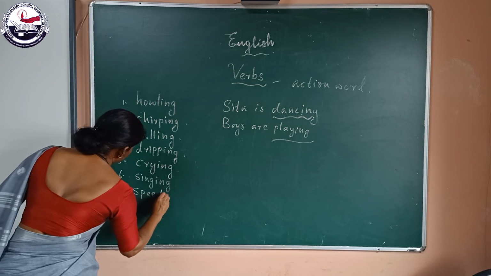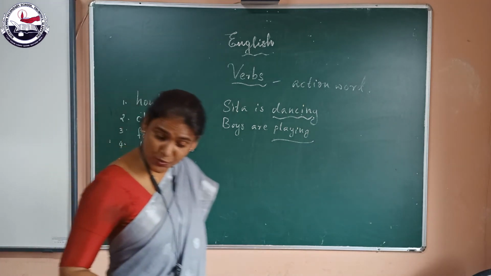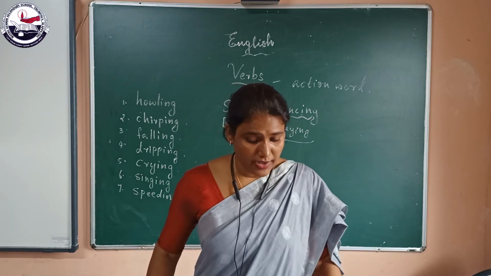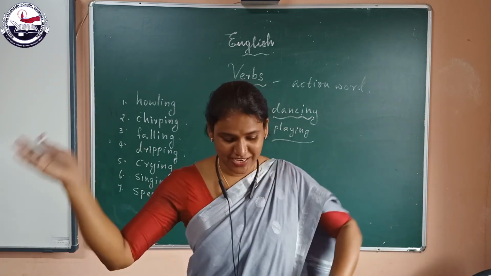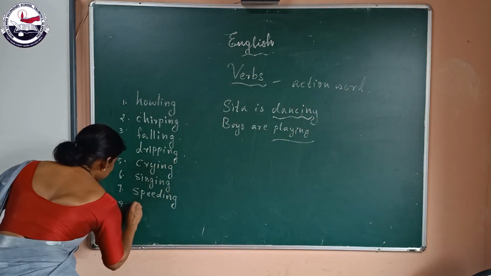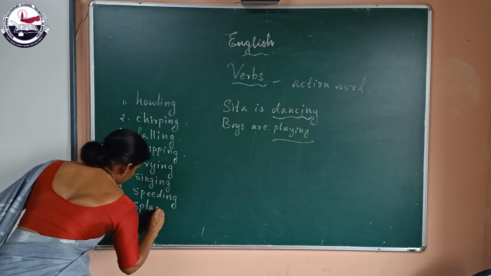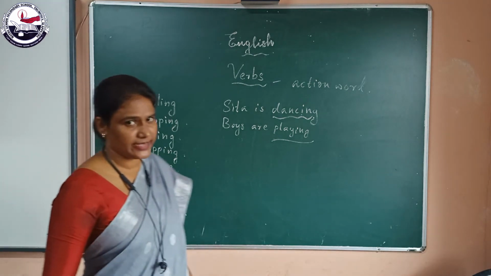These all are verbs, doing words. Okay, children are dash water on each other, splashing. Children are splashing. Did you write? Okay, write in your text now.